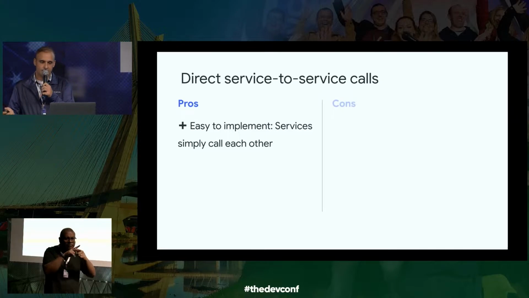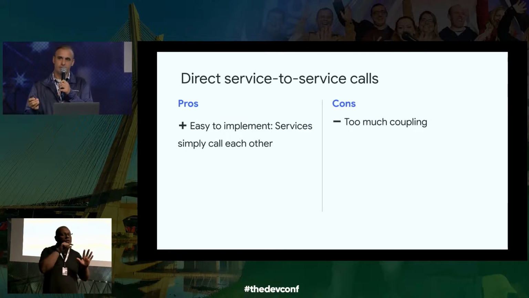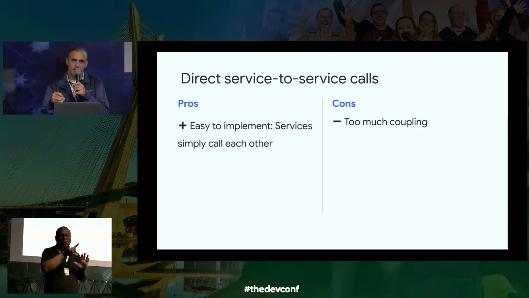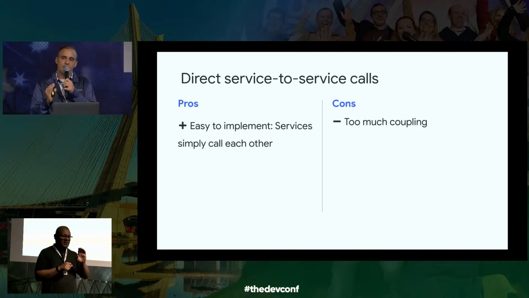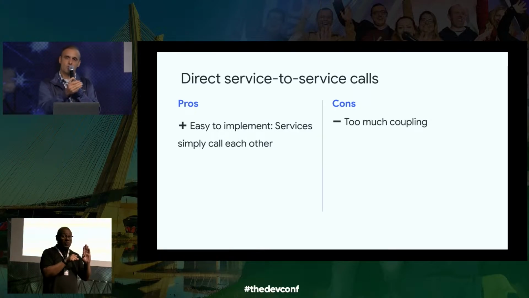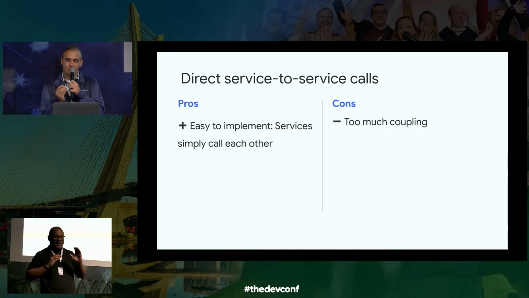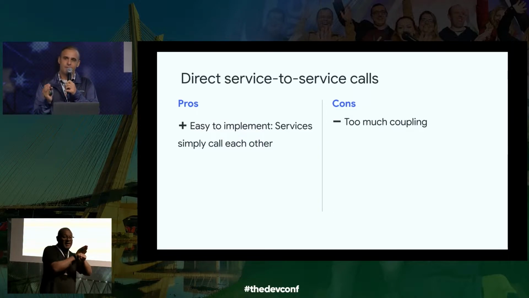On the other hand, you are creating too much coupling between your services. If you need to change a service in the middle, let's say service B, now you need to think about service A and service C as well, right? Because any change in B might have effects on the service calling B, and any change in B might also affect the service that's being called from B. So you're creating too much coupling between your services.